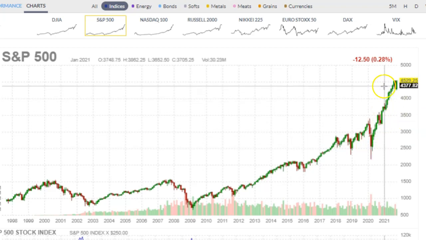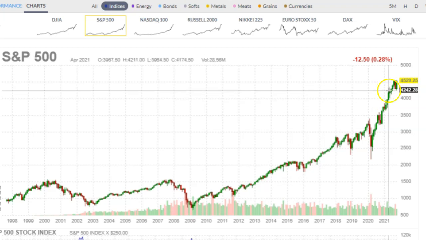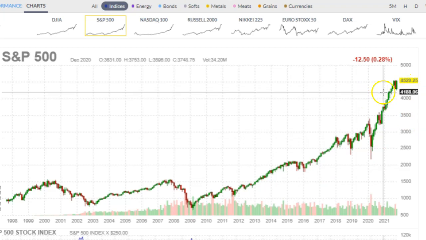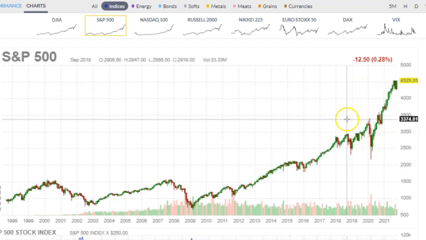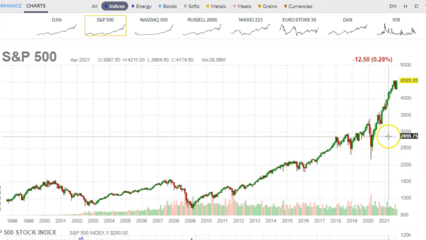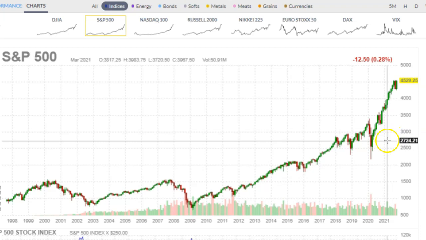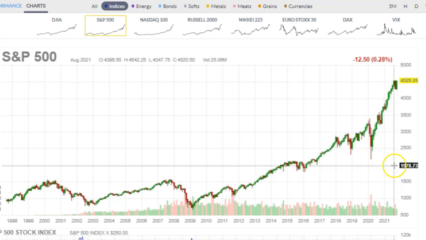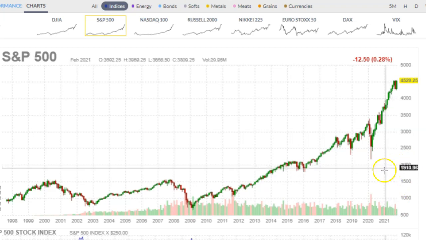If the stock market is 3 times as expensive as it used to be, that would mean that 2 times sales would be a 33% decline, which, what is that? Back to the old prices before the health crisis. And then if it goes even lower, what's 1 times sales? That would be a 66% decline, maybe around 2,000 on the S&P. So that's why it seems very risky.